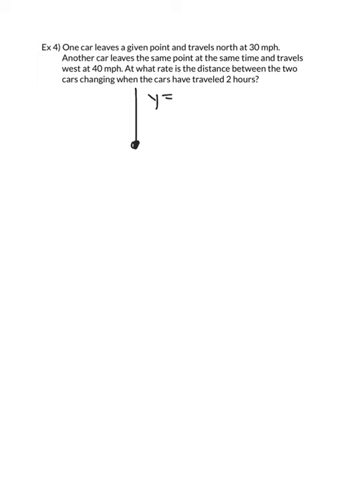And this is a rate of change. They're moving at 30 miles per hour. So dy/dt is 30. Another car leaves this same point and goes west. So they're heading this direction. And that's a horizontal distance, so I'm going to let that be x.